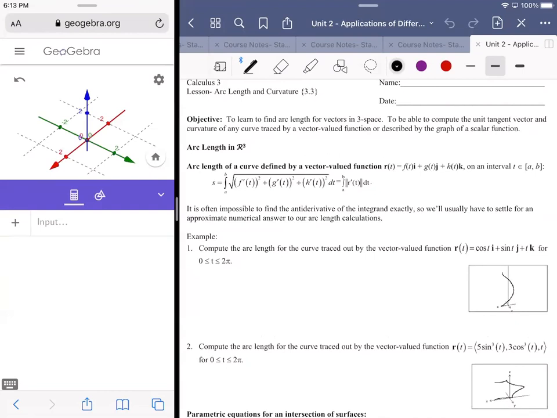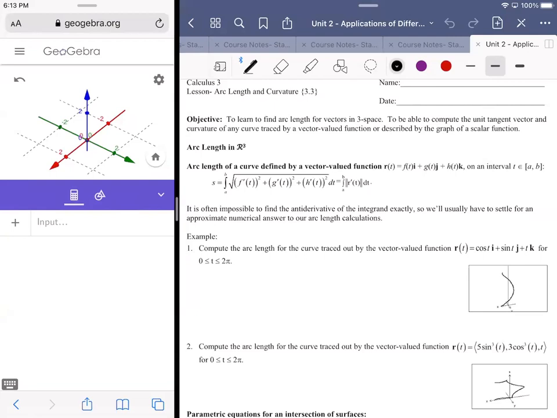You have your arc length formula for a vector valued function. Now, if you look at it, it's very similar to the arc length formula for parametrics in 2 dimensions, except we're adding a 3rd dimension, right? But if you really think about the structure of it, it has an awful lot of similarity to the formula for distance or magnitude.